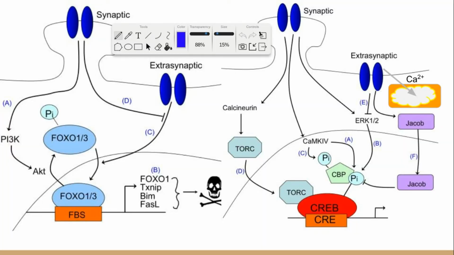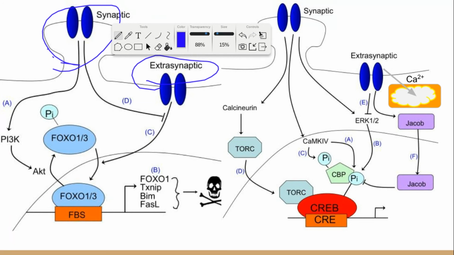Most NMDARs are found at synapses, and this is healthy, it's normal, and their signaling generally promotes nuclear calcium flux and cytoprotective gene transcription. However, something goes awry when NMDA receptors are located extrasynaptically, so outside the synapse, on the soma perhaps, and they get activated.